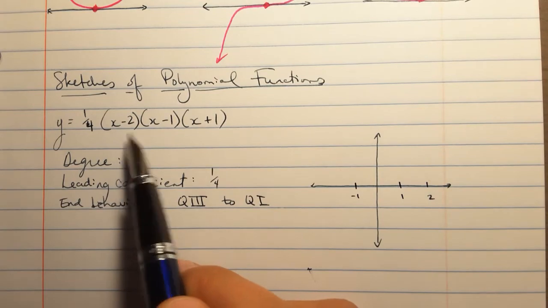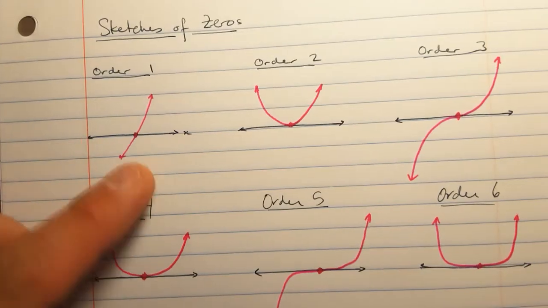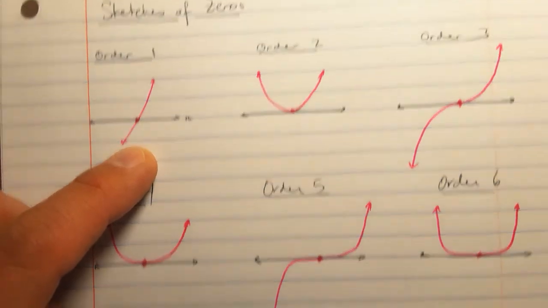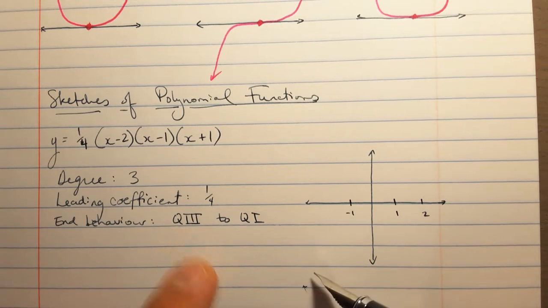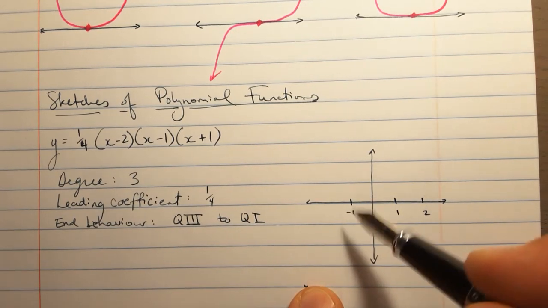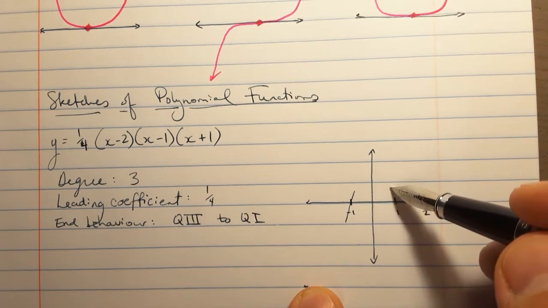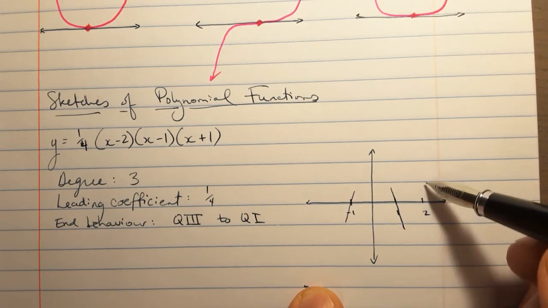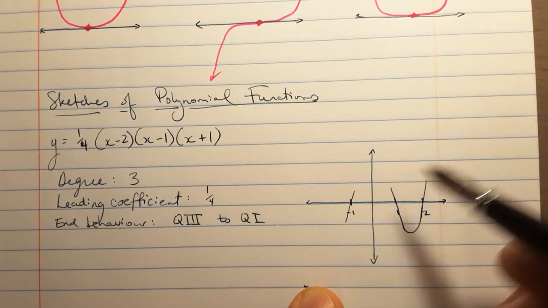Well, these zeros all have order 1, so I'm just going to go back to the sketch we did earlier. Order 1 means it just crosses right through. We're starting in quadrant 3, the bottom left. So we're going to go up through this one. I'm going to just kind of put a little mark through there. Then we have to come back down through this one, and then we're going to go up through this one. So now I'm just going to connect these with kind of smoother curves.